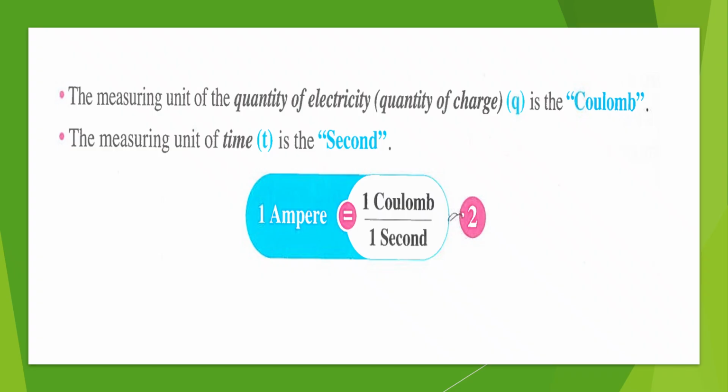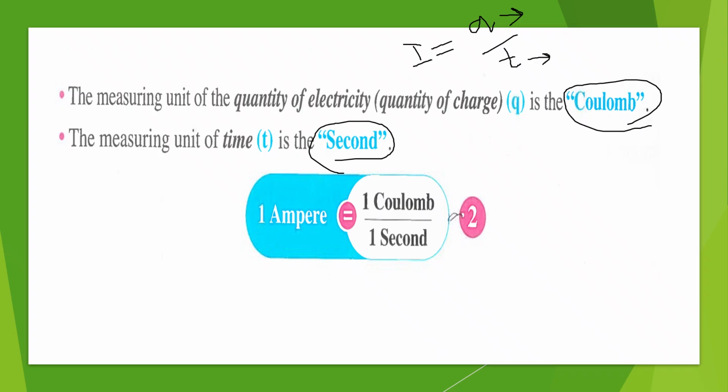Back to the mathematical relation, I, the intensity of the electric current, equals Q over T. Q is the quantity of charges, and time takes letter T. The quantity of electric charges Q is measured in coulomb, the time is measured in seconds, and the intensity is measured in ampere. So 1 ampere equals 1 coulomb per 1 second.